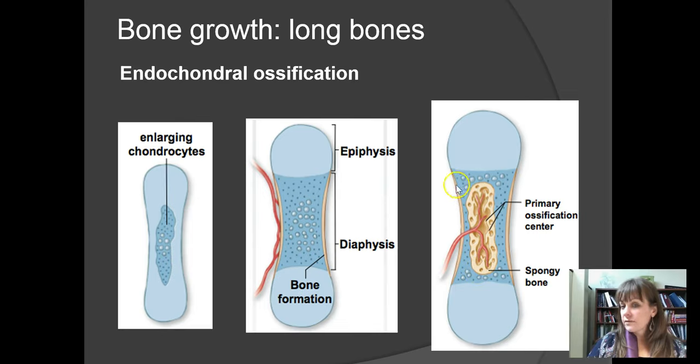Now, this first place it happens is inside the diaphysis. Because it's first, we call it primary, meaning first. And ossification again means bone making. So literally the primary ossification center is the first bone-making location, which is right here.